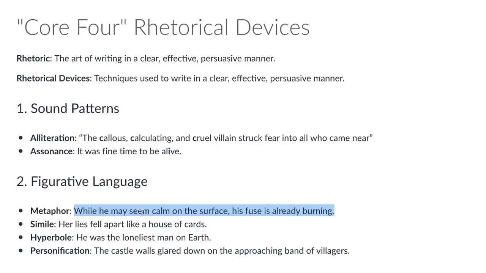While he may seem calm on the surface, his fuse is already burning. Now the metaphor isn't like super direct, but it's basically he is this bomb. His fuse is burning. He's about to go off. And it tells you a lot. It's like without saying too much, it makes you feel like he's this ticking time bomb ready to explode, that he has this temper that's ready to go explode.